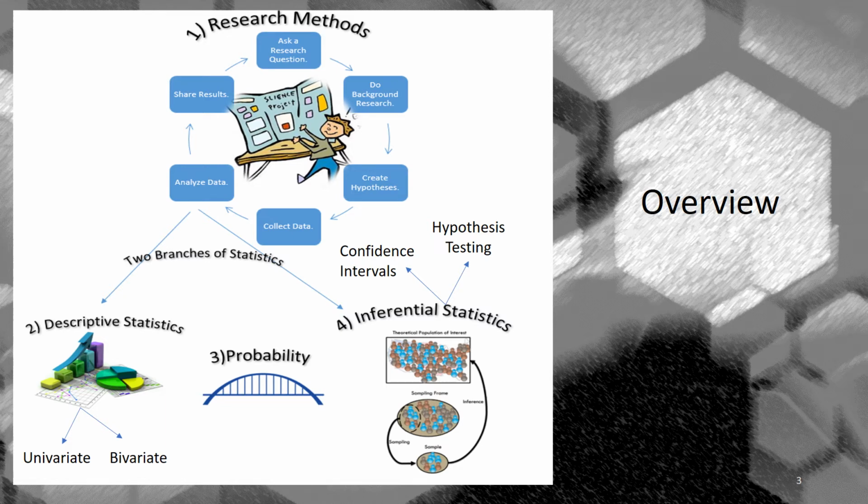And so you take a smaller sample of people and get their information, and you're going to use that information to decide if your hypothesis is supported or not. And you're going to calculate what's called a p-value, and we'll get into that.